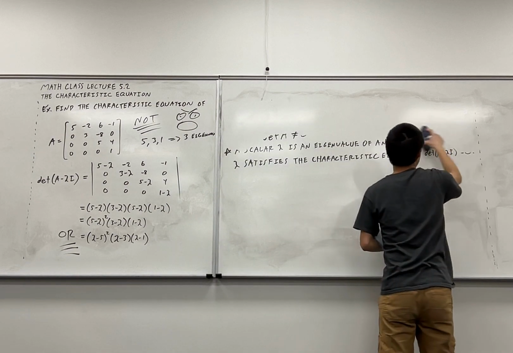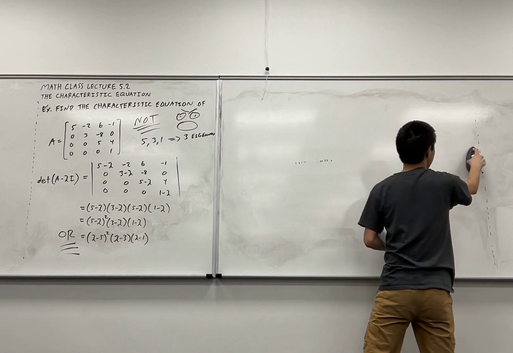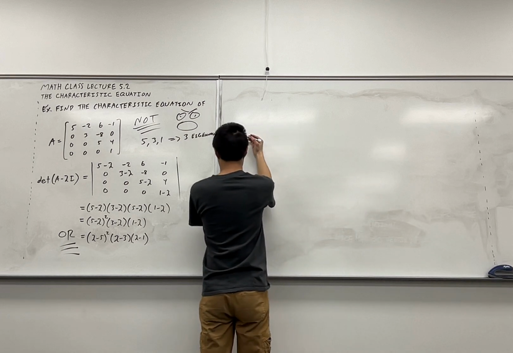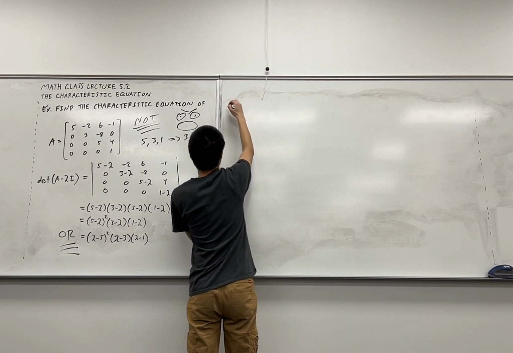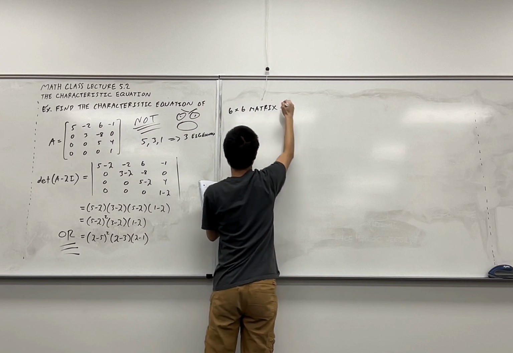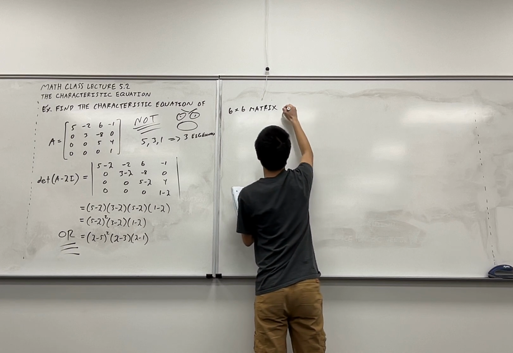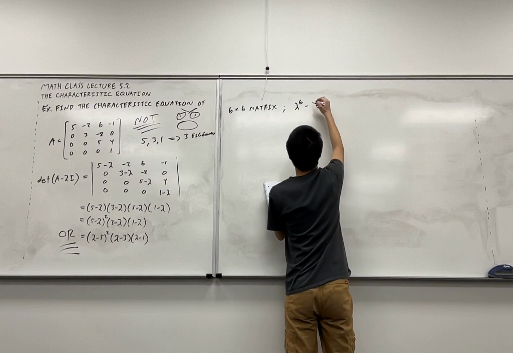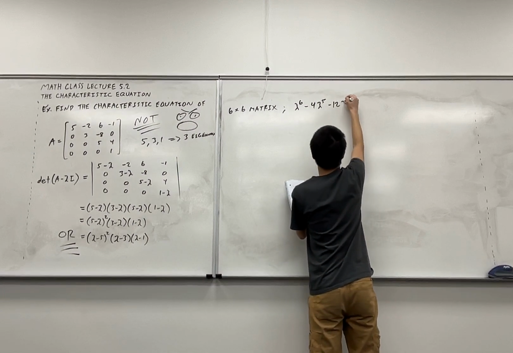Let's do another example, just to get some more examples for repetition. Okay, so I'm going to give you a characteristic polynomial specifically for a 6 by 6 matrix. A 6 by 6 matrix has a characteristic polynomial of lambda to the 6th power minus 4 lambda to the 5th minus 12 lambda to the 4th.